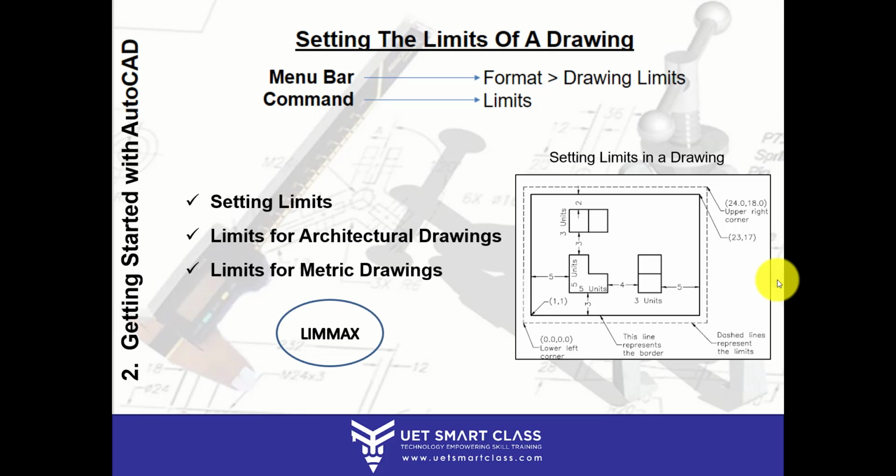Okay, there is one simple way of calculating limits in your architectural drawings. For example, if you are working on 1/4 scale, 1/4 inch is equal to 1 foot, so 1/4 inch is equal to 12 inches. So 1 inch is equal to 48 inches. According to this, the scale factor will be 48.